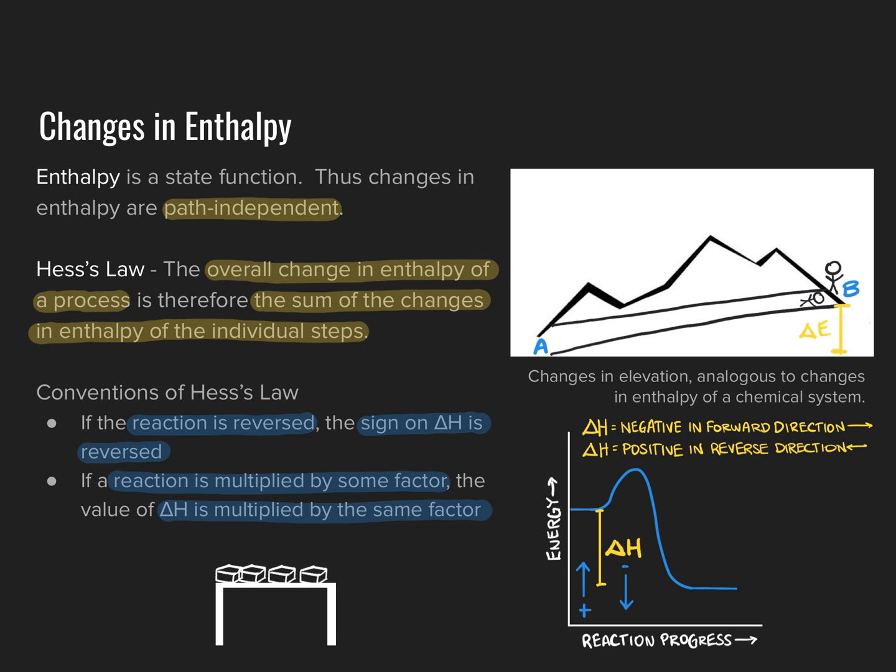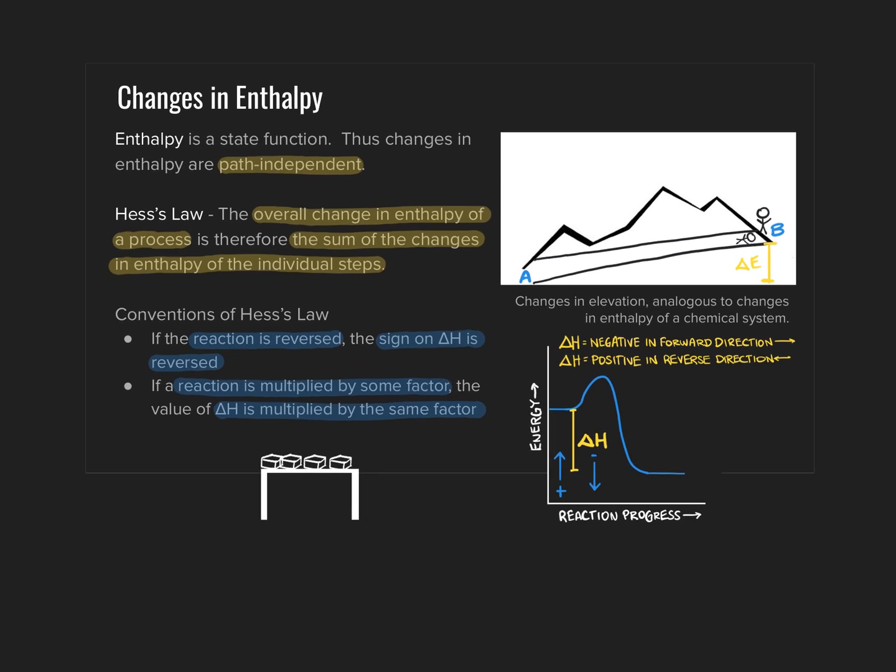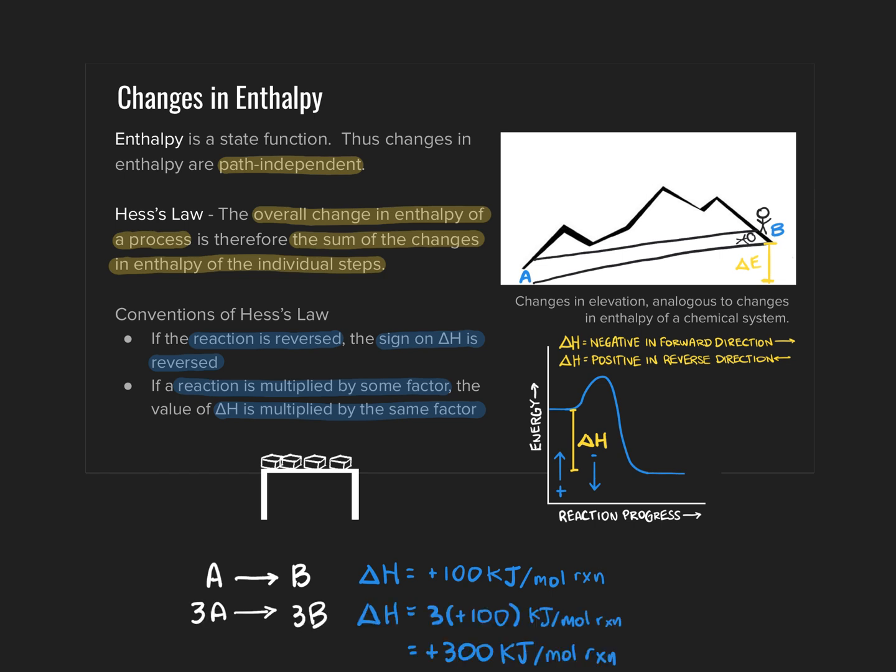The same idea is true within a chemical system. Suppose for a chemical reaction in which species A reacts to form species B, the enthalpy change of this reaction was 100 kilojoules per mole of reaction. If we were to run that reaction 3 moles of times, it would logically make sense then that 3 times the amount of energy would be required for that reaction to proceed.